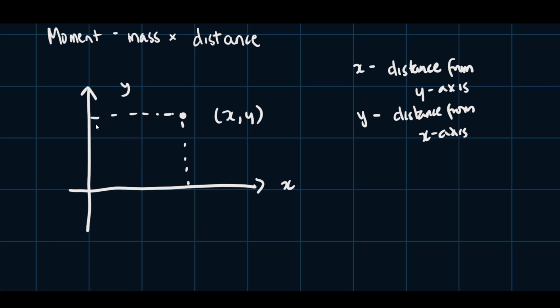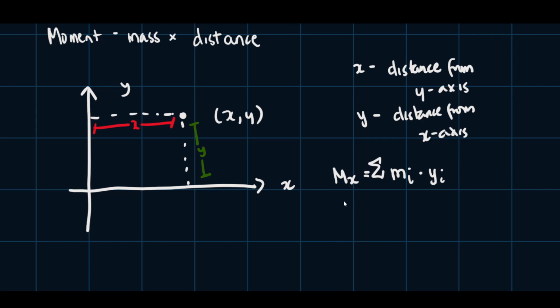Okay? So, para mas clear, ito yung x-coordinate. Ito yung ibig sabihin ng x-coordinate. Tapos, ito naman yung y-coordinate. So, ibig sabihin, if we want to get the moment about the x-axis, this would be the mass of the object times its distance from the x-axis, which is given by its y-coordinate. Tapos, kukunin natin yung sum ng lahat ng to. Okay? So, yung moment about the x-axis will be something like this.